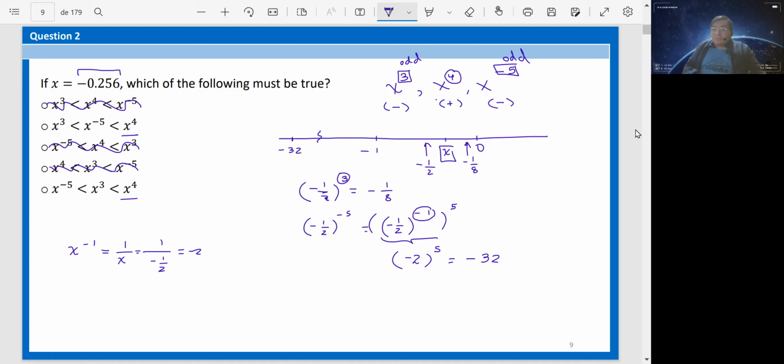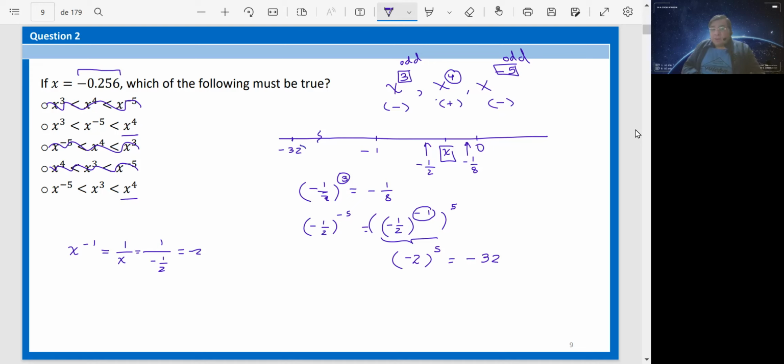So this clearly represents how the 2 powers, negative 5 exponent and the 3 exponent for the variable x, would have the same relationship as in the case of negative 1/2 to the 3 or to the negative 5.